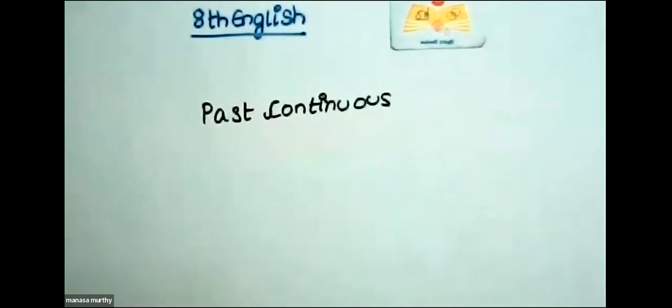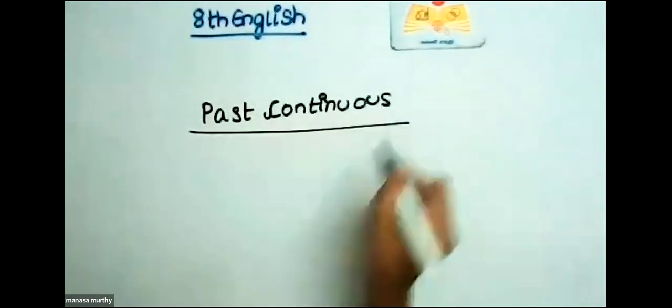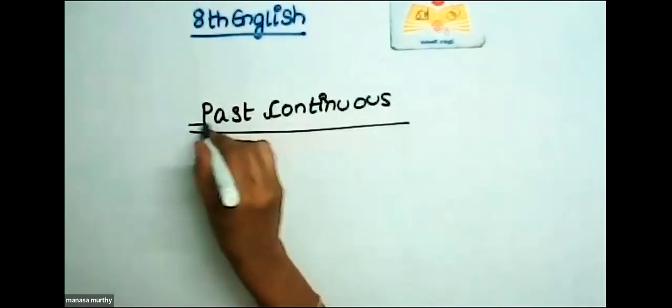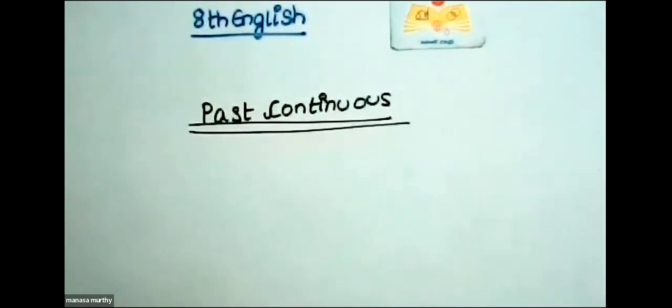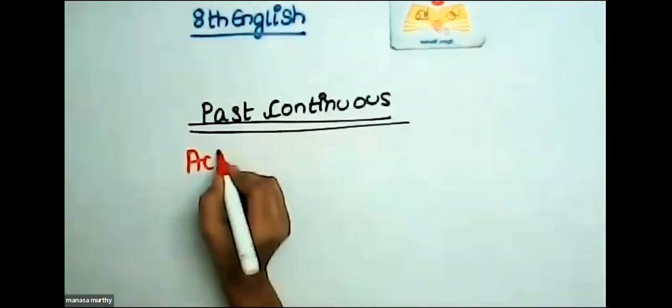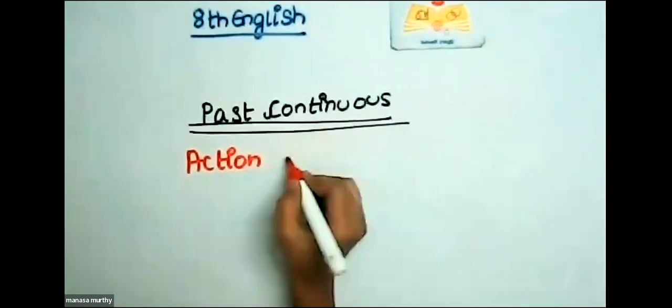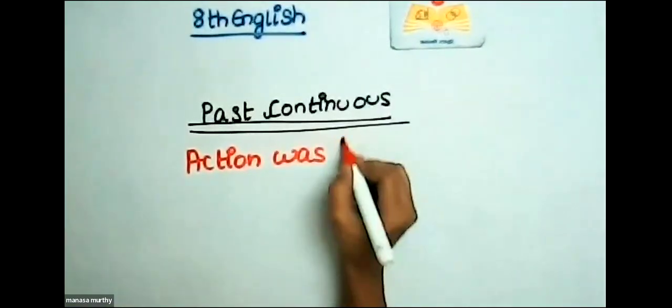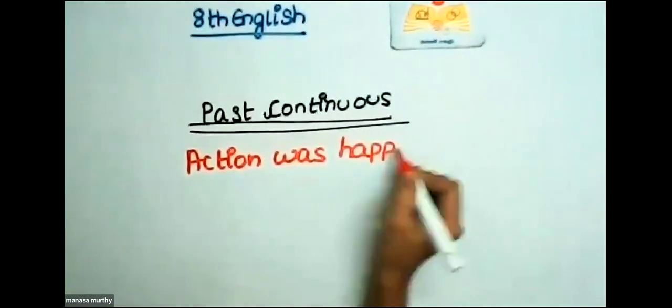The action was going on before. It doesn't have any relationship to the present. Action was ongoing, that too in the past. Action was happening in the past.